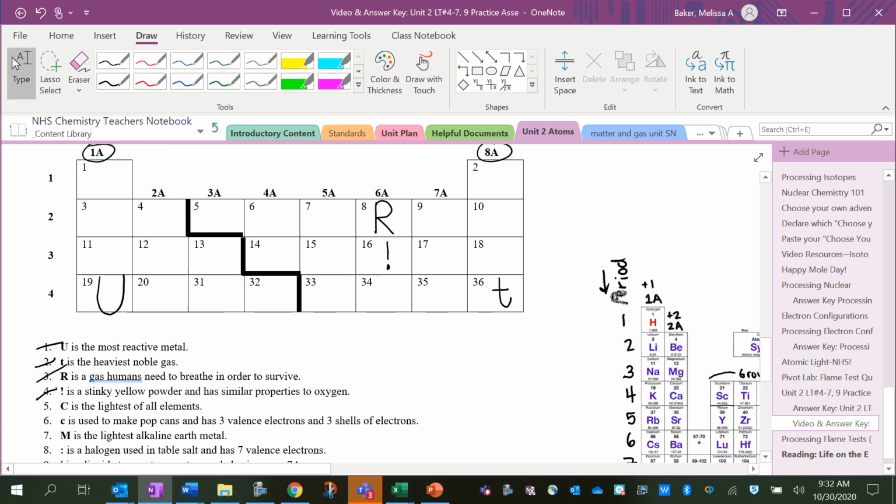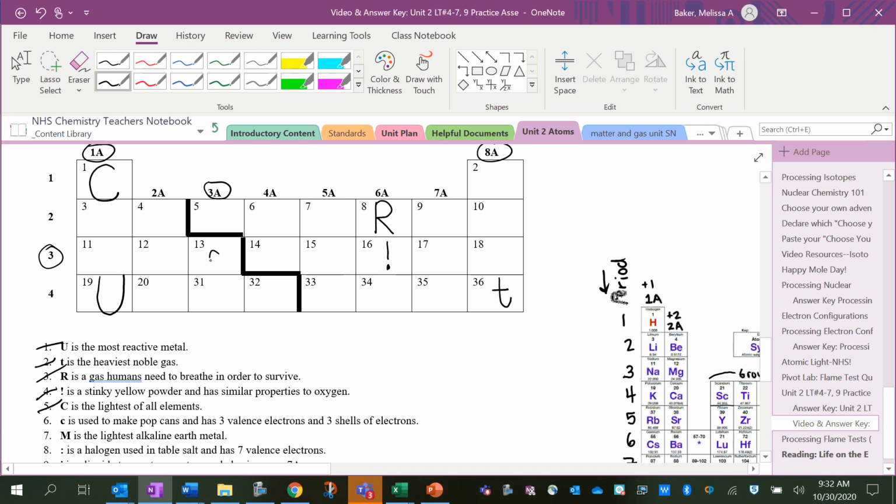Capital C is the lightest of all elements. Well, that's number 1. That's hydrogen. Lowercase c is used to make pop cans and has 3 valence electrons and 3 shells of electrons. So row 3 for 3 shells, and group 3A is 3 valence electrons.